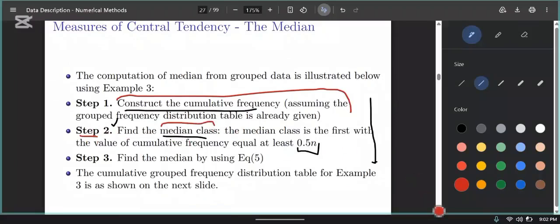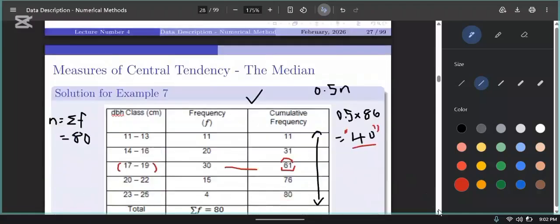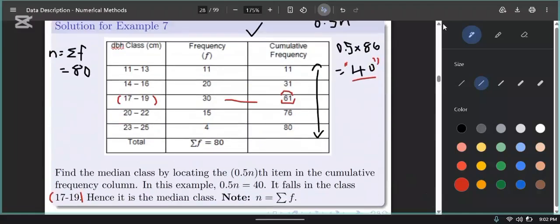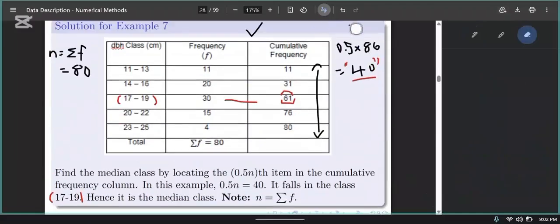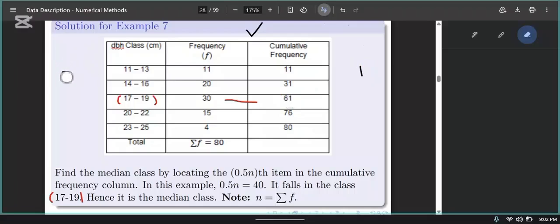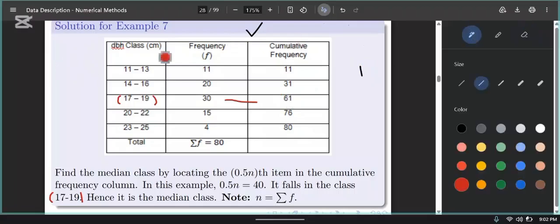In this example, if this question came maybe on a test or an exam, it will look just like this. The first thing you simply do is to find the median class. These are the classes.